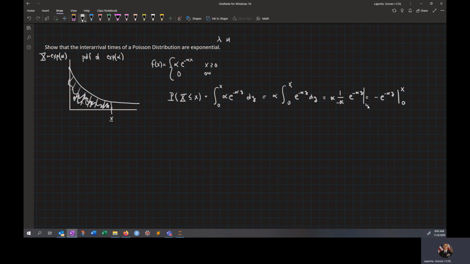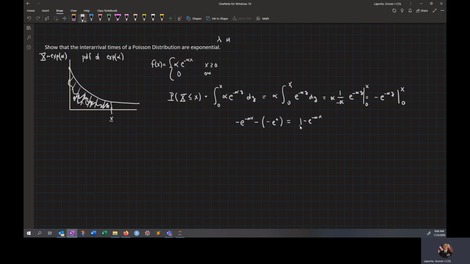If I do that, I get negative e to the negative alpha x, minus, because you subtract, a negative e to the 0, which is just negative 1. So minus a negative is plus 1, and then minus e to the negative alpha x.